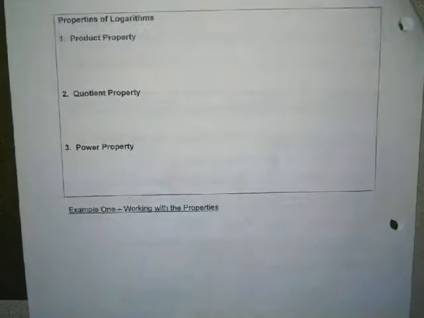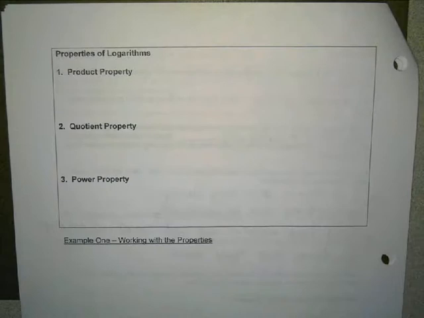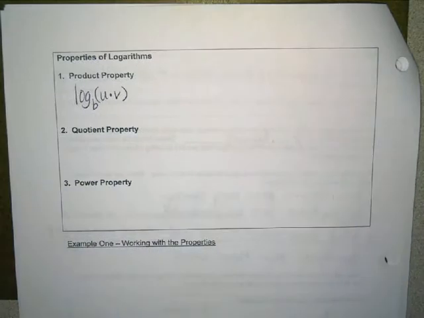Thankfully, logarithms don't have 6 or 7 properties like exponentials do. They have 3. And these properties pop up in Algebra 2. If you take Algebra 3, they'll pop up there, and then they pop up again in Calculus, so they don't necessarily go away. We have a product property. This would be in the argument of a log function.